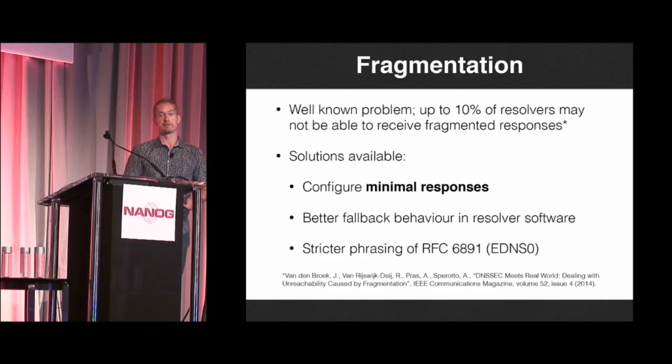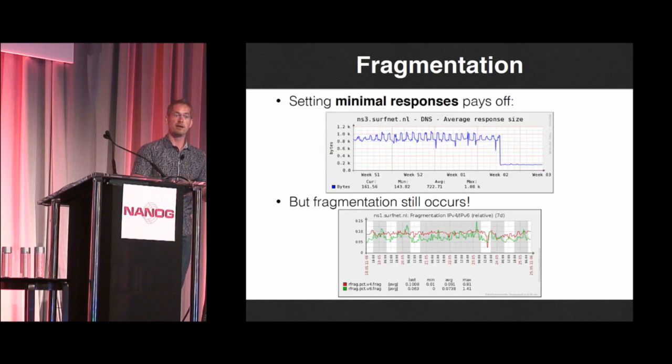The fallback behavior in resolver software was improved over the years, and the RFC that deals with how you transmit large DNS responses was changed in the update, 6891, where they said that if you are aware that there are firewalls on the path or other middle boxes that muddle with your packets, then you should not be asking for big DNS responses.